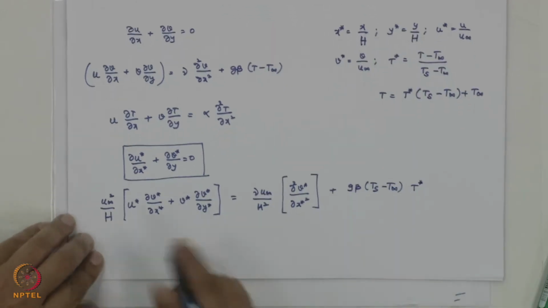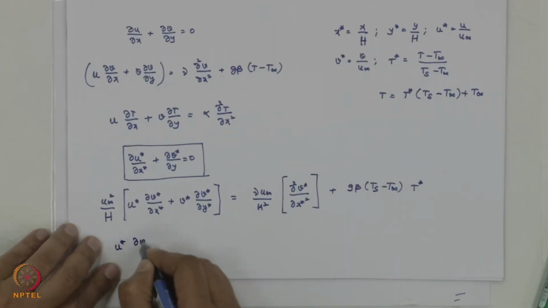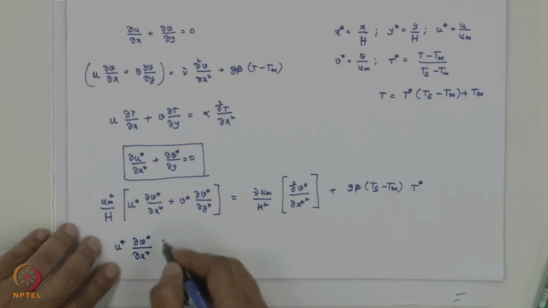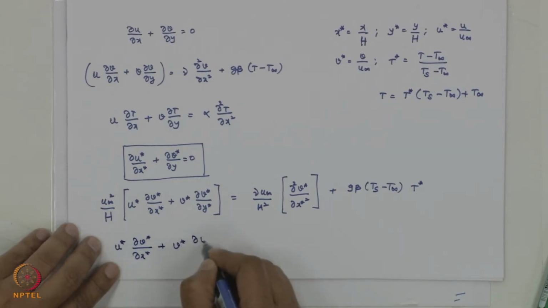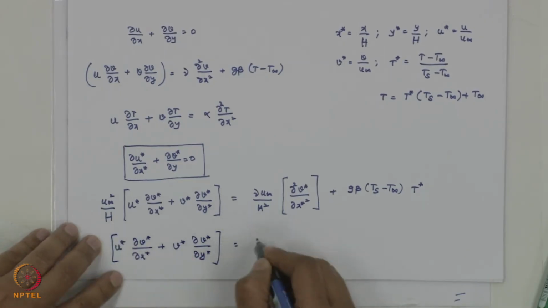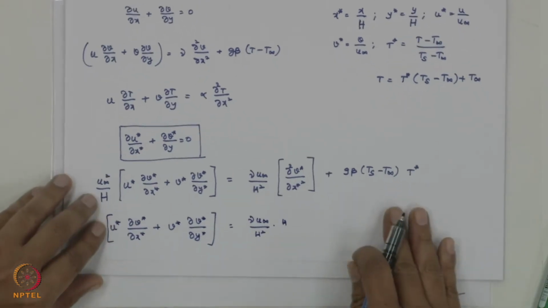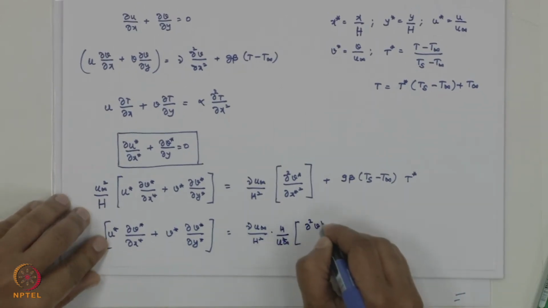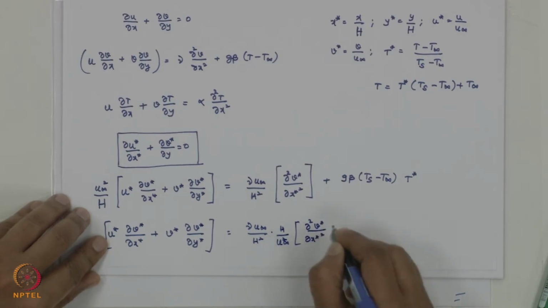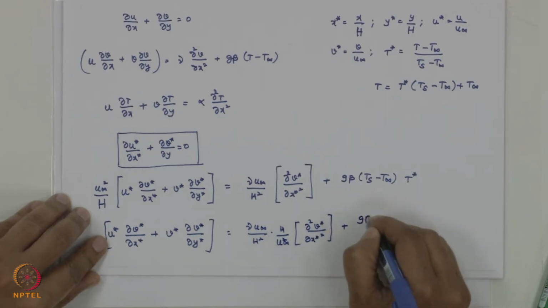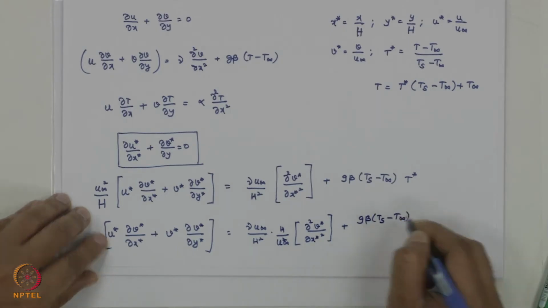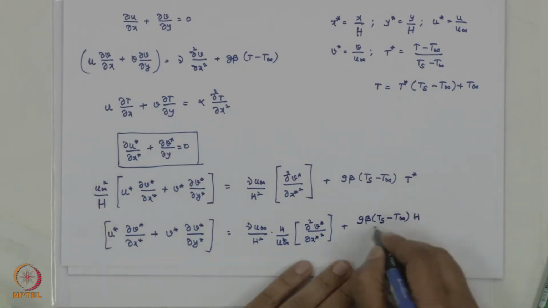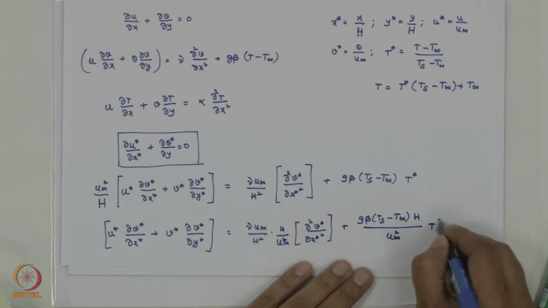So I get u star del v star upon del x star plus v star del v star upon del y star is equal to nu u infinity by h squared into h by u infinity squared, because that's what I am multiplying with, into del squared v star upon del x star squared plus g beta (ts minus t infinity) into h by u infinity squared into t star.